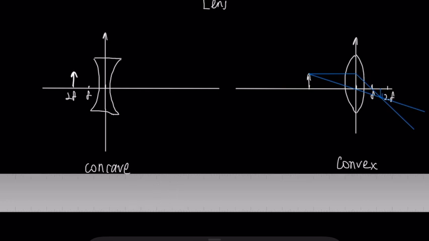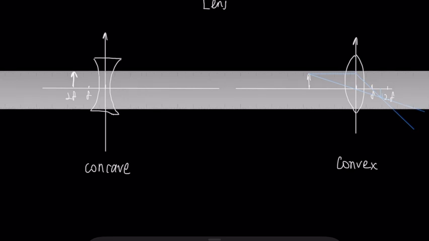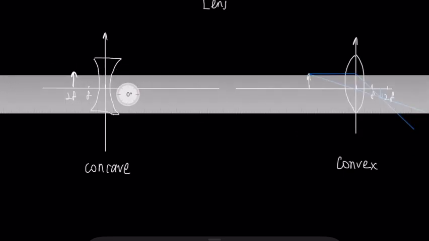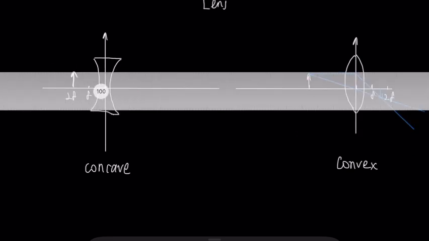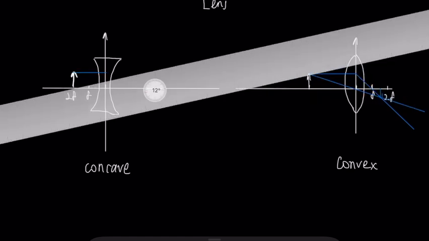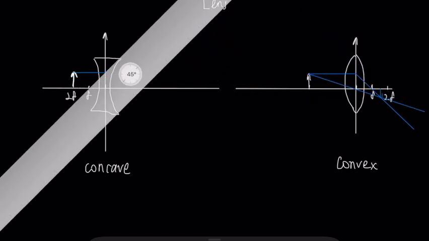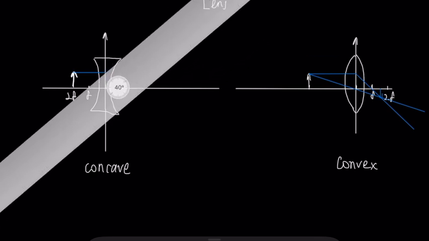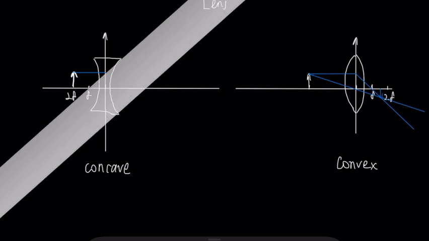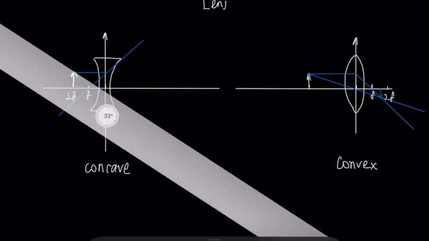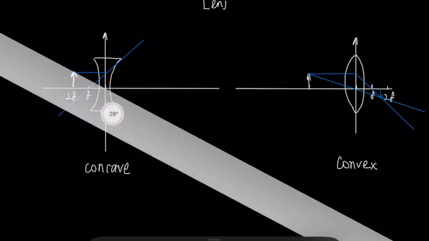Same thing: the light goes through the lens, bounces at the focal point, and then after that it goes through the middle. So two laws apply, very simple, very straightforward.